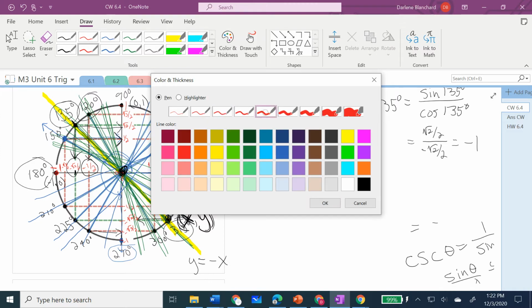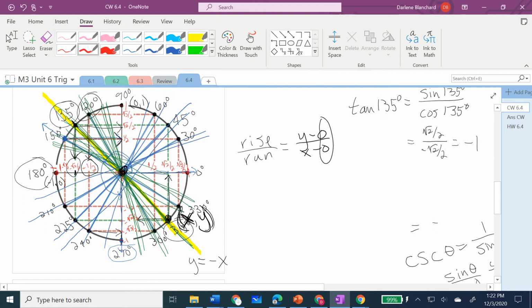I'm going to draw a line on the x-axis. What is the slope of that line? 0. What is the tangent of 0 degrees based on what I just helped you to think through? Now check. At this point right here, the x-coordinate is 1, the y-coordinate is 0.